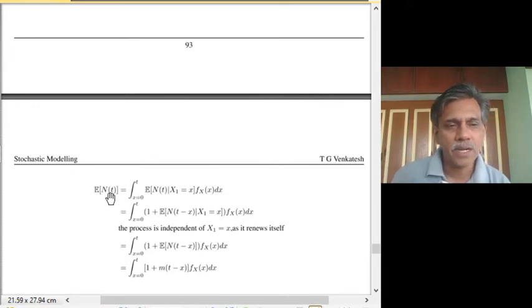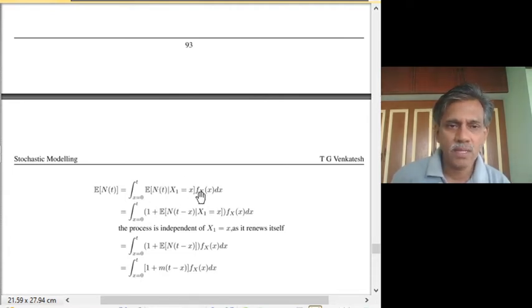So the expectation of N(t) can be written as the expectation of N(t) given X1 equals x, weighted by the density function evaluated at x, small x, and integrated over the range 0 to t. So we uncondition it by letting X1 equal x, and then multiplying by the density function at small x and integrating over the valid range.